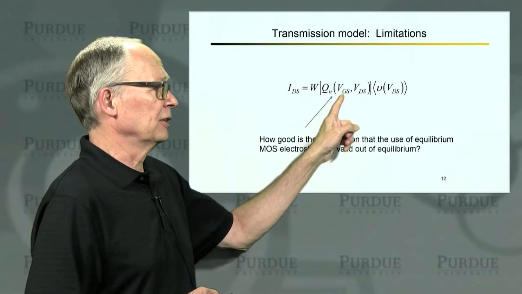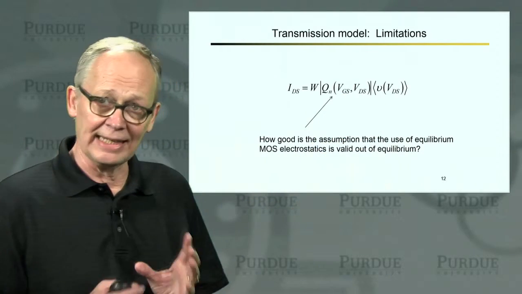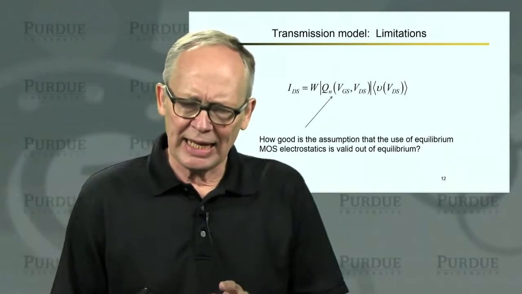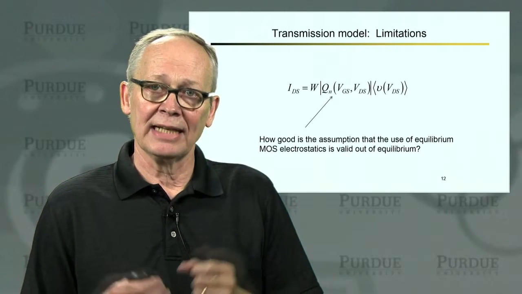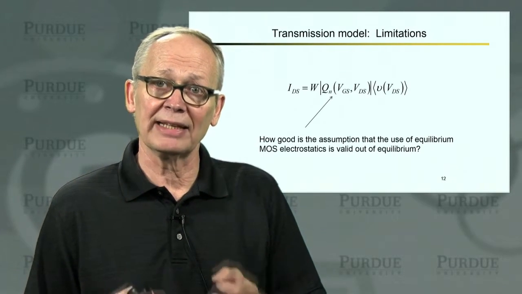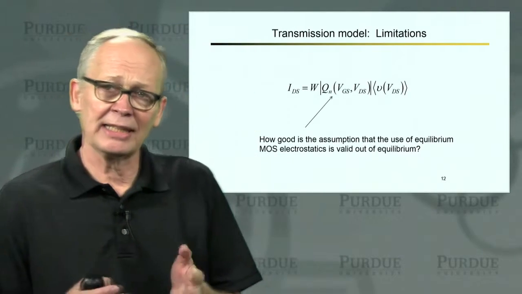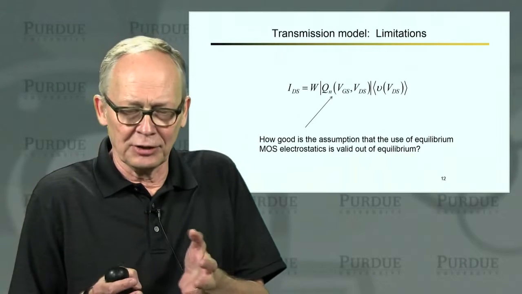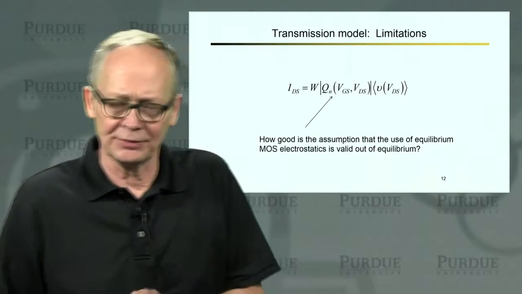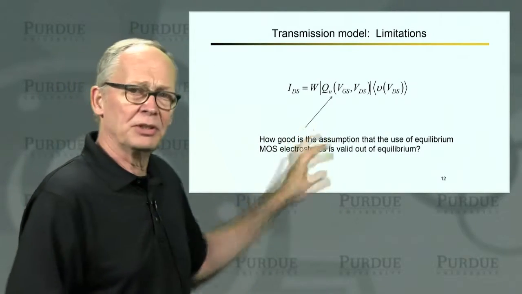We write current as the product of charge times velocity. That's fine. But we have taken the charge from equilibrium MOS electrostatics. Now, when current flows, we're out of equilibrium. Can we use the same charge? You might expect that there would be less charge when it's now flowing, and it's harder for that charge to maintain itself. So this is an assumption that people worry about.